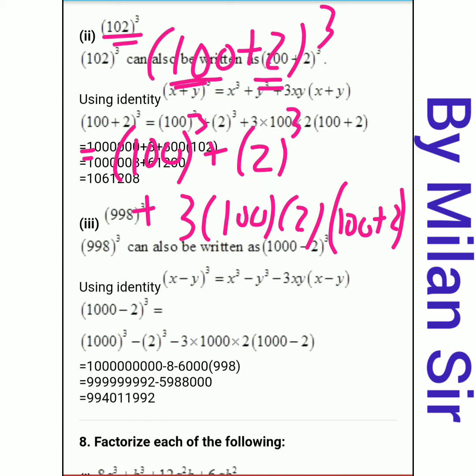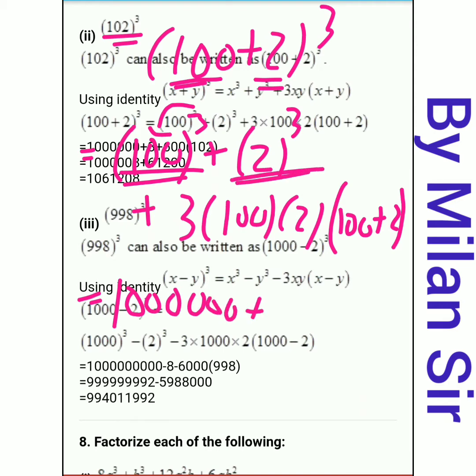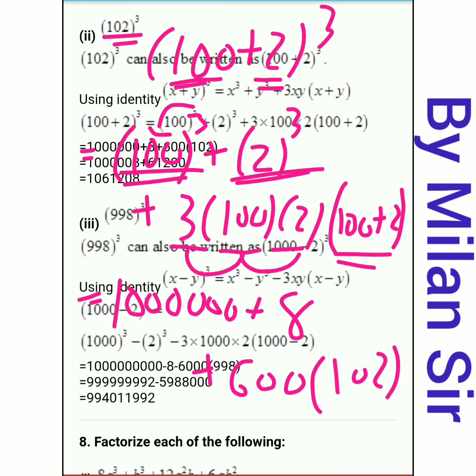Now 100 cube, again we need to put 6 zeros after 1, because 3 multiplied by the number of zeros is 6. Then 2 cube is 2 times 2 times 2, 2 twos are 4, 4 twos are 8, so it is 8. Now 3 multiply 100 is 300, multiply 2 is 600. In bracket 100 plus 2 is 102.